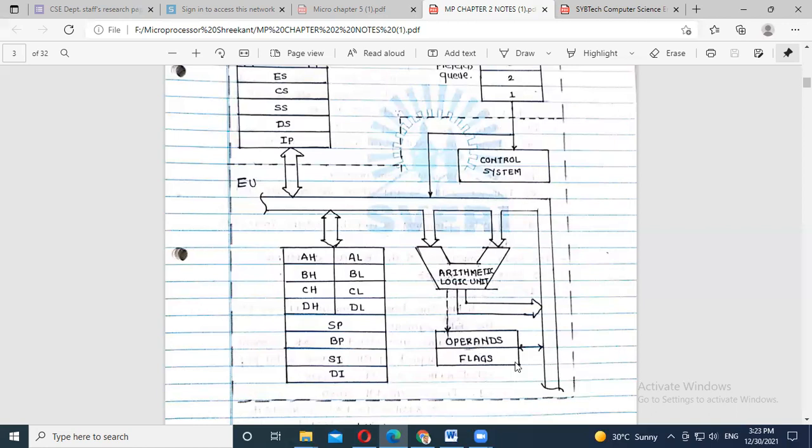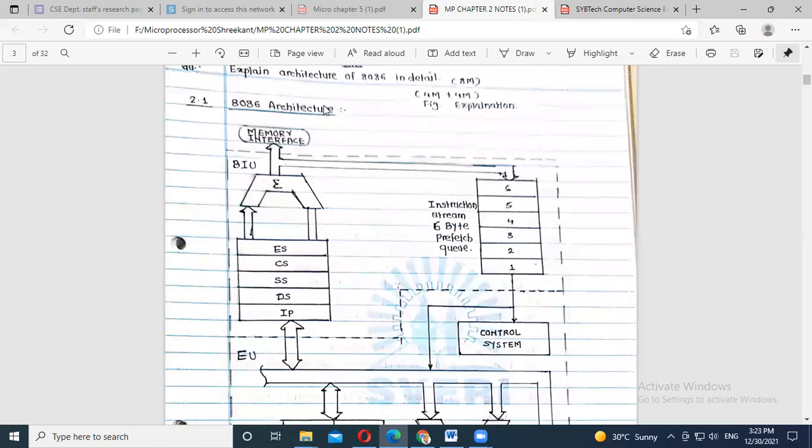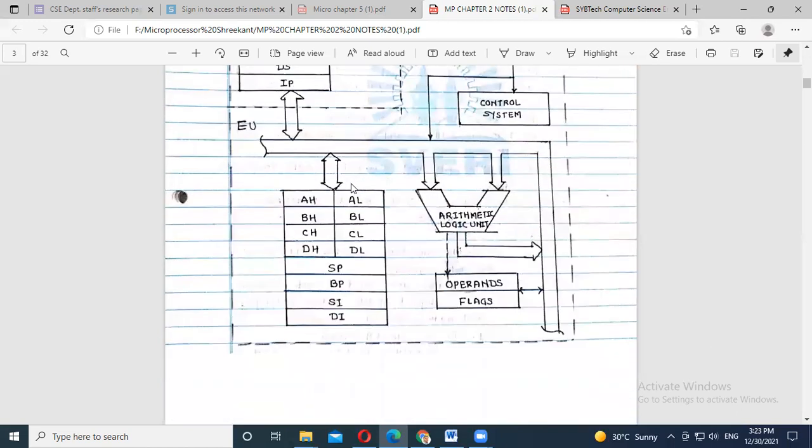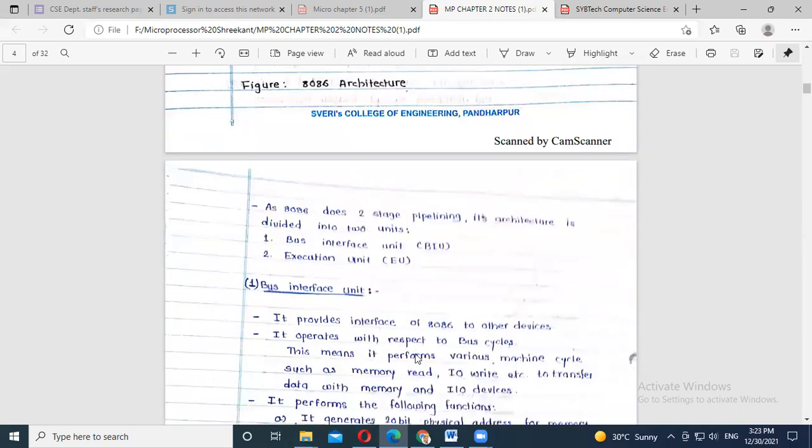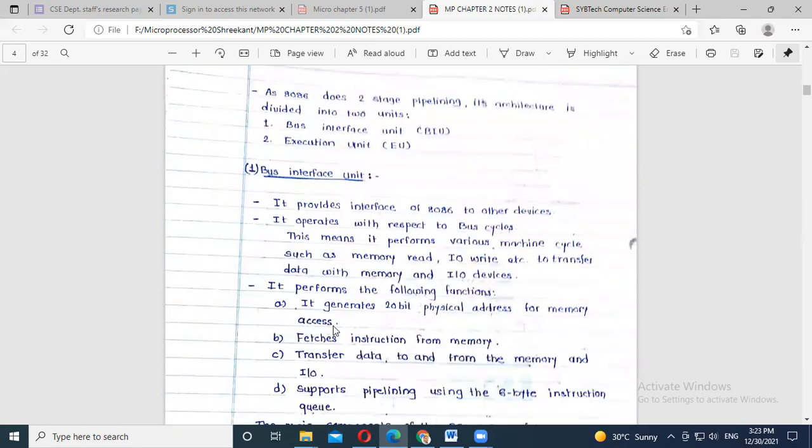And this entire system is controlled by the control system. There is one control system that controls it. So this is the explanation of the entire 8086 architecture. In detailed explanations, I will explain it in the notes.